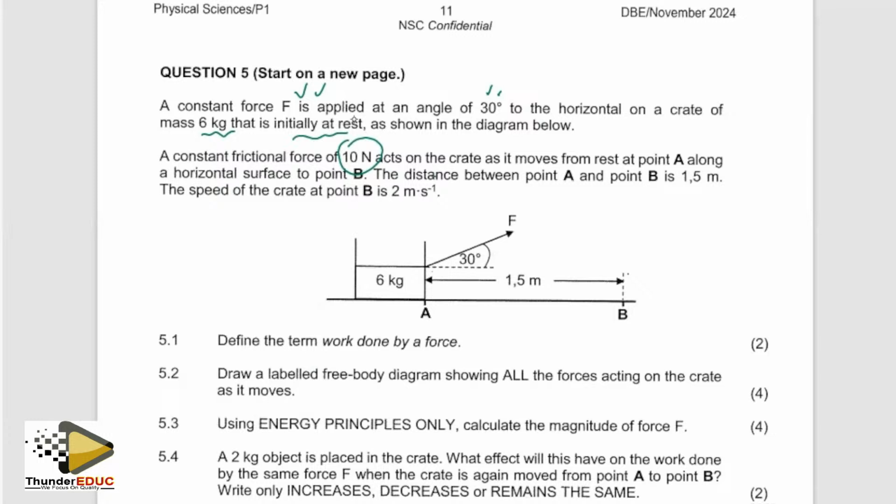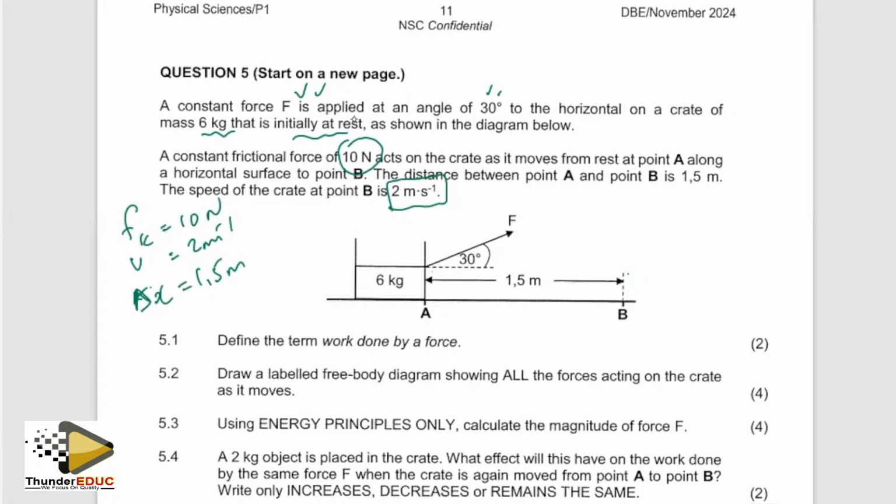The distance between A and B is 1,5. The speed of the crate is 2 meters per second. So we have the frictional force, which is 10 newtons, the velocity, which is 2 meters per second, and the distance, delta x, is 1,5 meters.